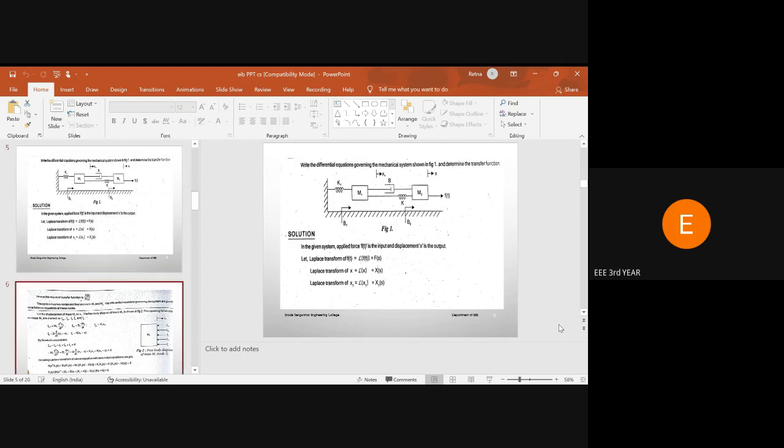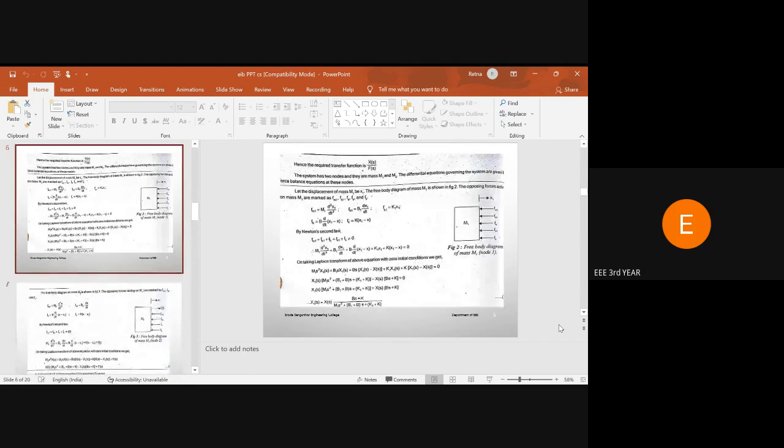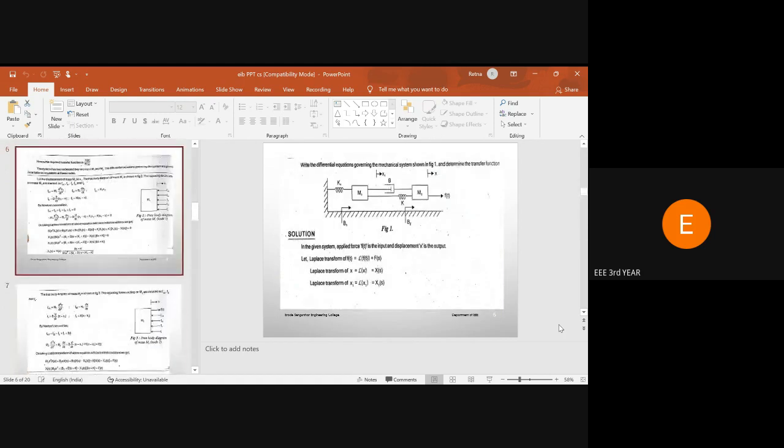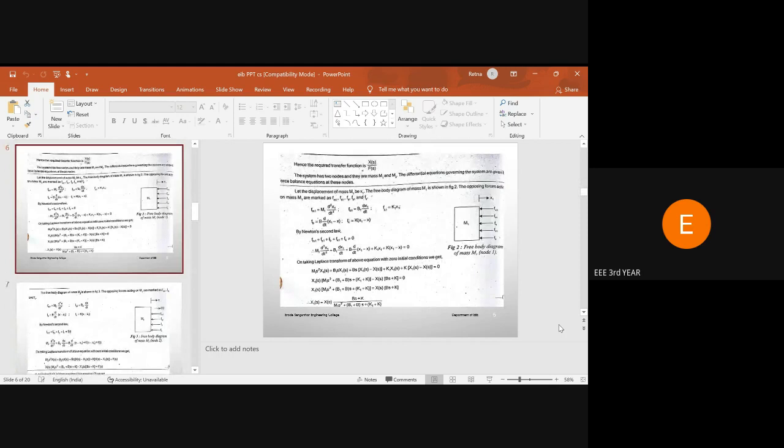Solution: we have to find the transfer function X of s divided by F of s. First, note the first mass m1. This m1 mass displacement is x1. Then the opposing forces due to the first mass are Fm1, Fb1, Fb, Fk1, and Fk.